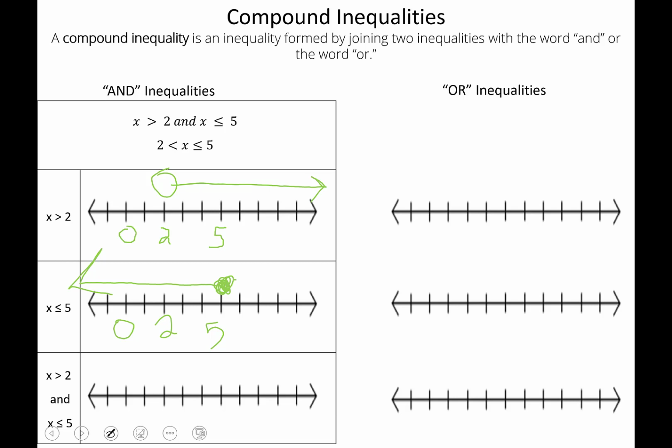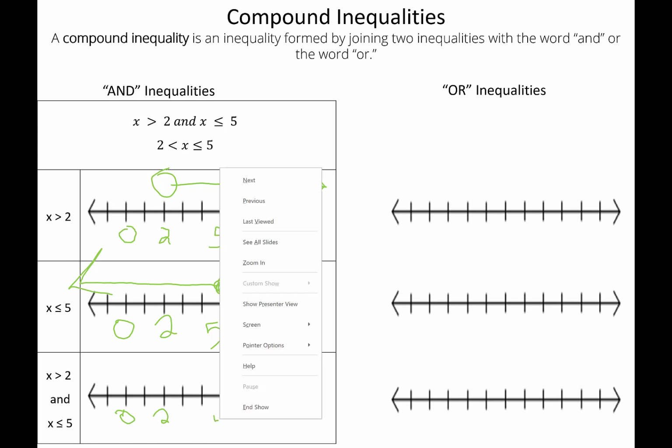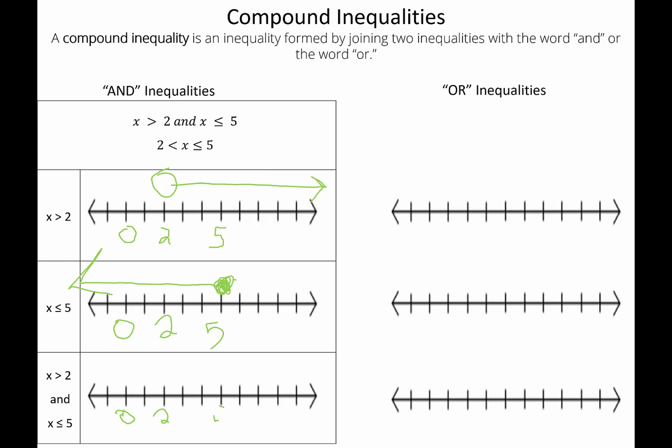So when we're looking at this graphically, I need both things to be true, which means that my graph is going to be the overlapping section, because that's the only area where everything is going to be greater than 2 but also less than 5.